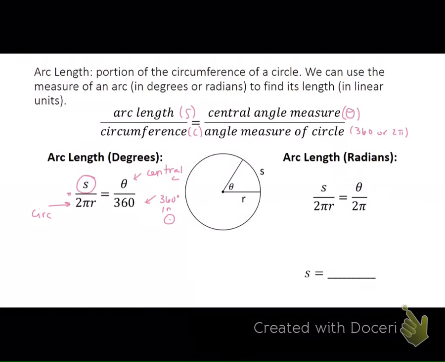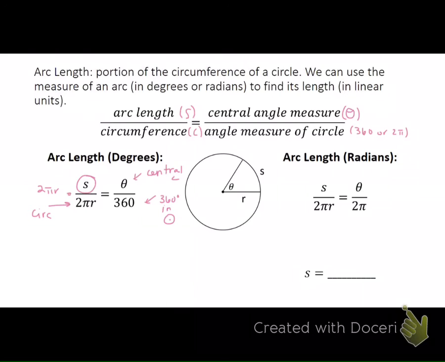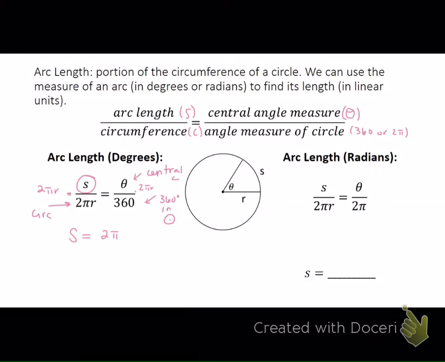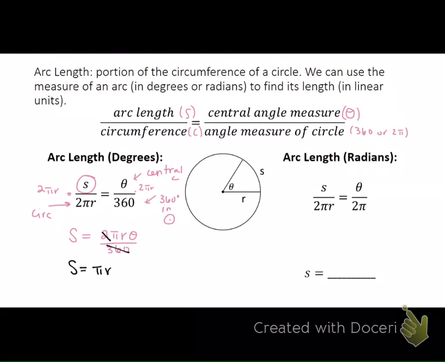If I multiply both sides by 2 pi r, I get S equals 2 pi r theta over 360. Do you guys see that 2 goes into 360? So that's pi r theta over 180. Now, I would prefer for you guys to memorize it like this.